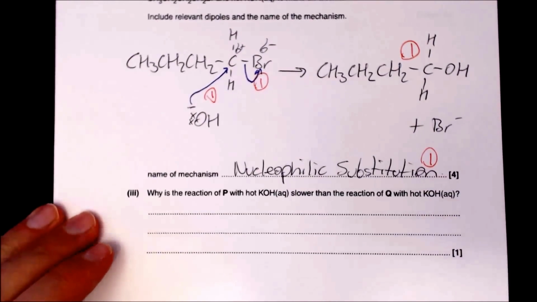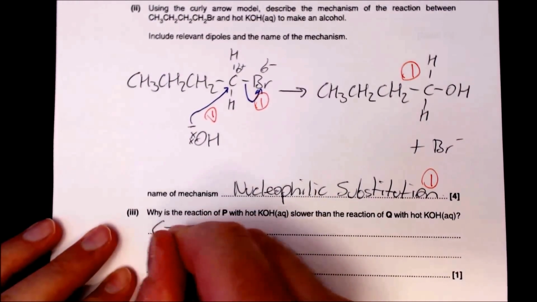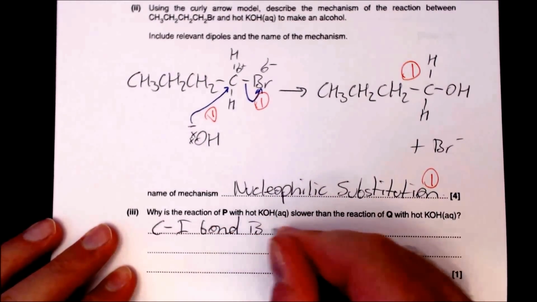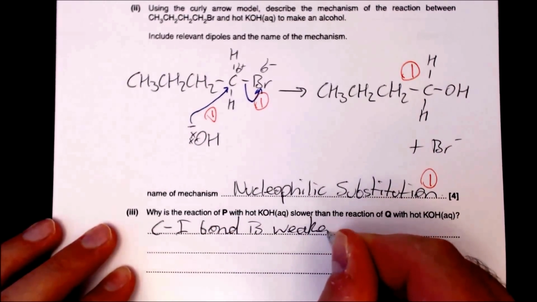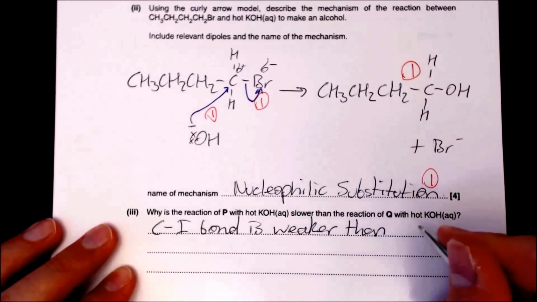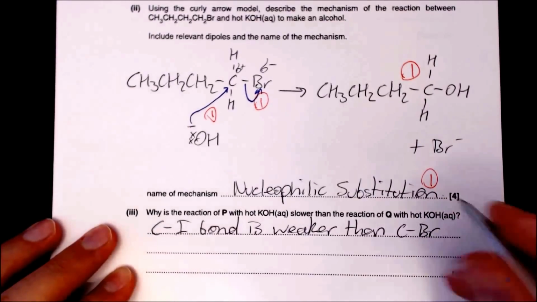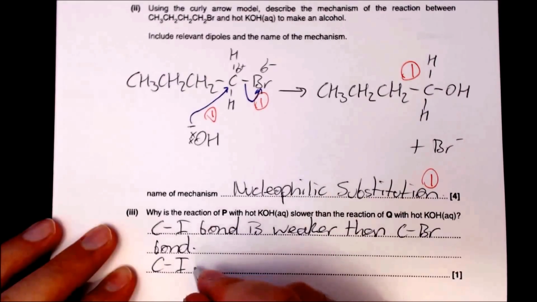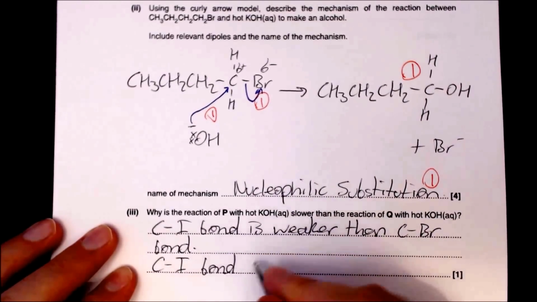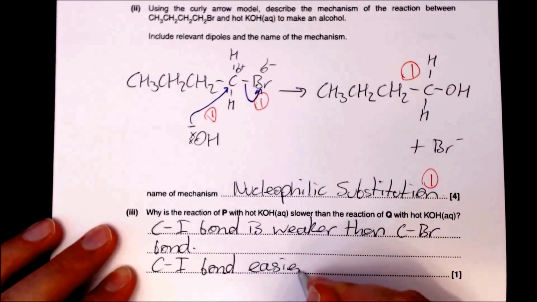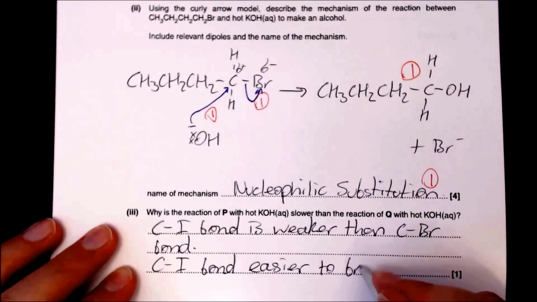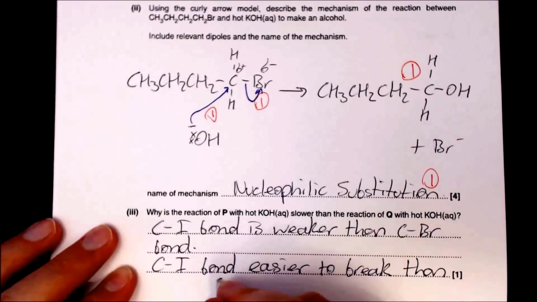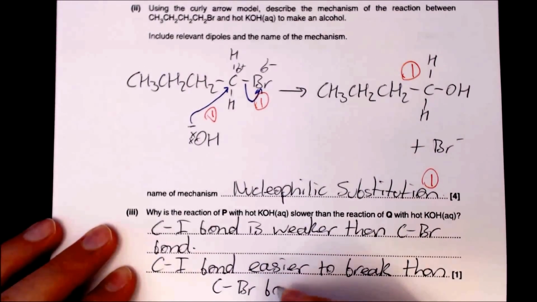So let's go down and write it down into there. So this is your CI bond is weaker than the CBr bond, and the CI bond is easier to break than the CBr bond.